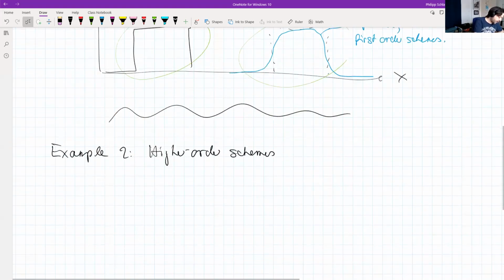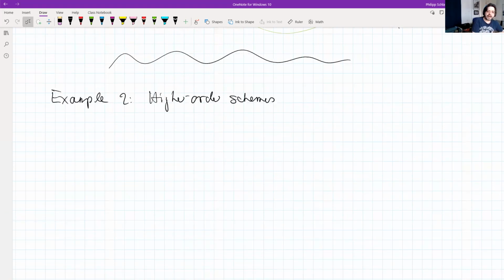How would I create the higher order scheme? So let's just start with the forward time central space scheme.